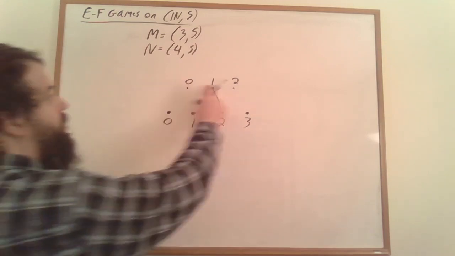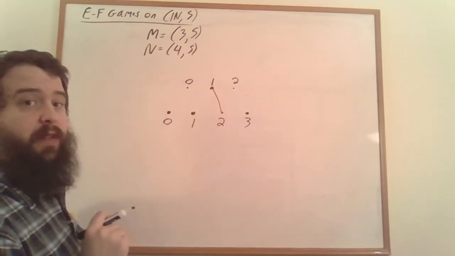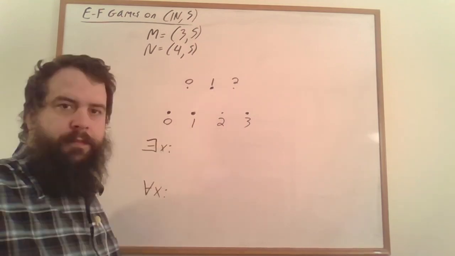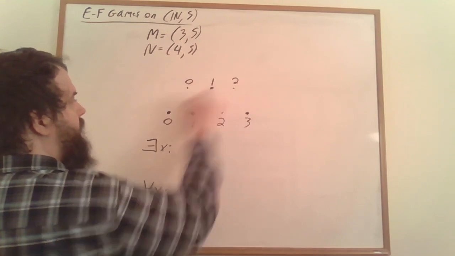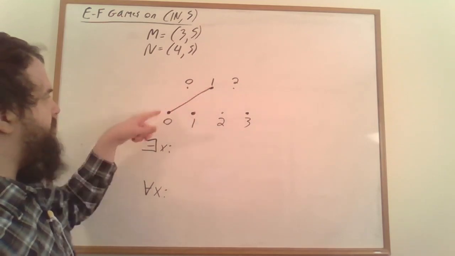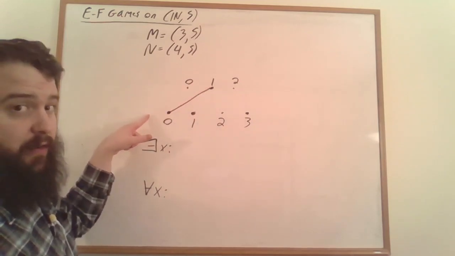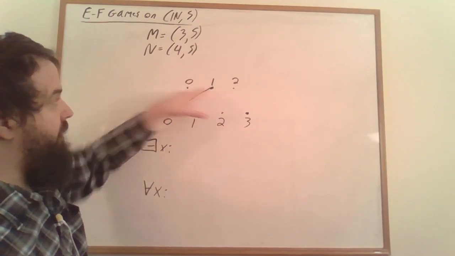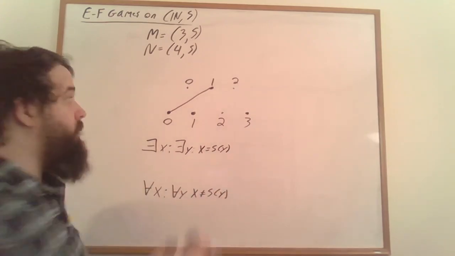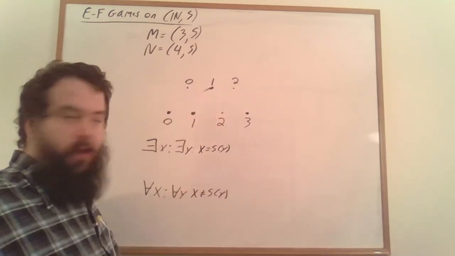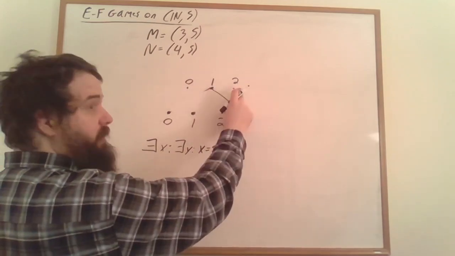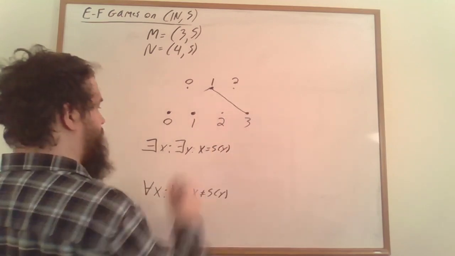In the top linear ordering, there exists a place that spoiler can play so that no matter where duplicator matches it to, in case duplicator matches this 1 to this 0, in this structure, this element here is not going to have a predecessor, and in this structure, this element will have a predecessor. Or duplicator can match to here, in which case this element will have a successor and this element will not have a successor.